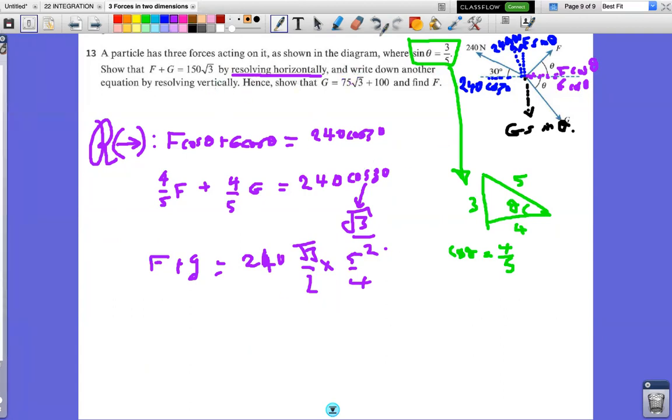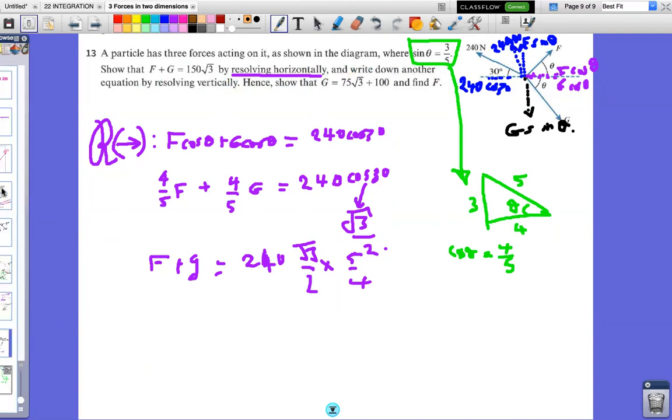And then it says you should write down another equation by resolving vertically.